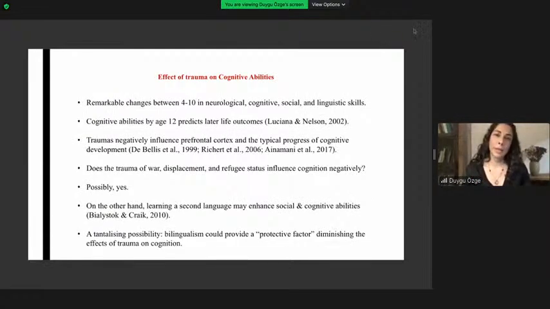Okay. So when we look at how trauma could influence one's cognitive abilities, we see that the most important changes in your neurological, cognitive, social and linguistic skills take place between age 4 to 10, okay? And your cognitive abilities by age 12 predict your later life outcomes. What do I mean by that?